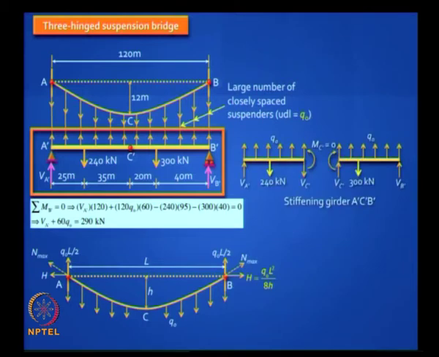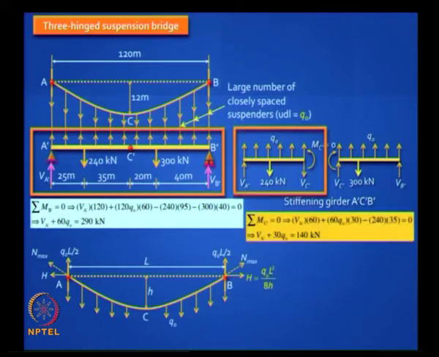Next, you take that beam apart and you invoke the equation of condition that at the hinge there is no moment transfer, MC is equal to 0, and then you can solve this equation and get another relationship from which you can establish the value of Q naught. Once you know Q naught, both systems can be separated out, the cable is easy to analyze and design.